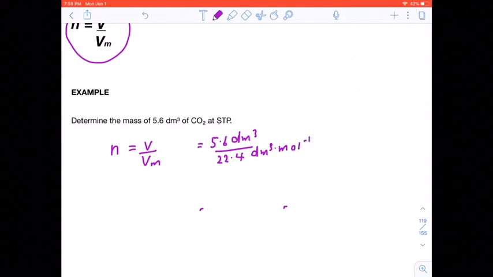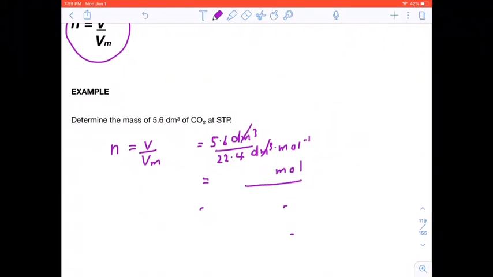Look at the units: the decimeters cancel out, and we are left with mole, when we bring mol⁻¹ on top, and that is equal to 0.25 moles. Right.